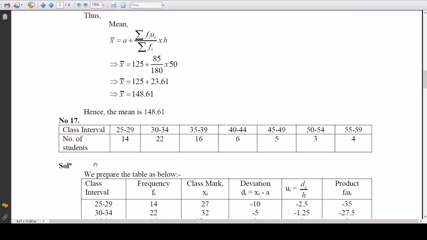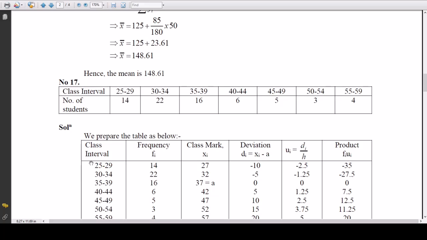Next, question number 17. The given class interval is here, and the number of students, which we can say is the frequency. From 25 to 29 it is 14, 30 to 34 it is 22, 35 to 39 is 16, 40 to 44 is 6.